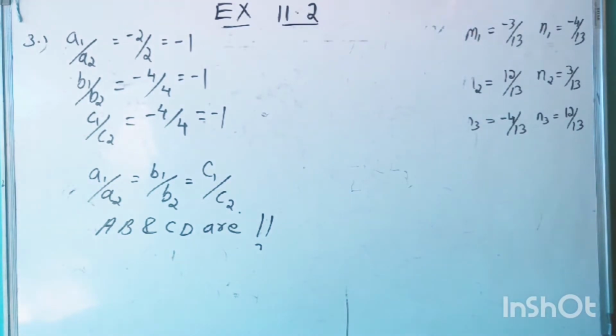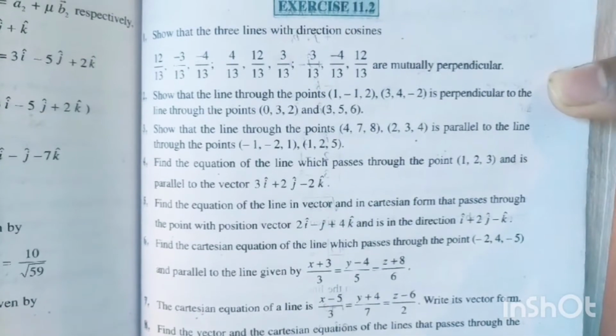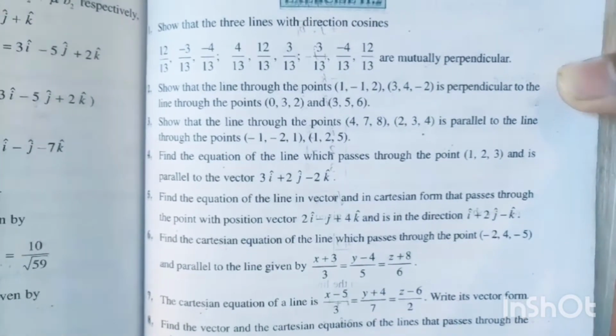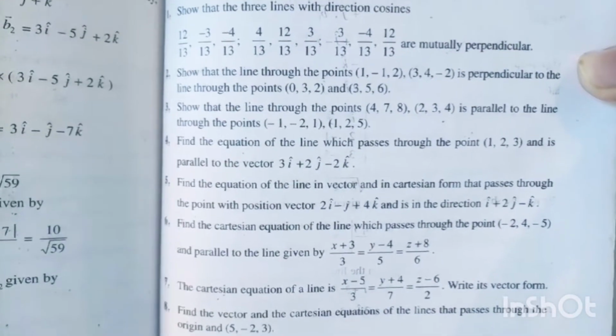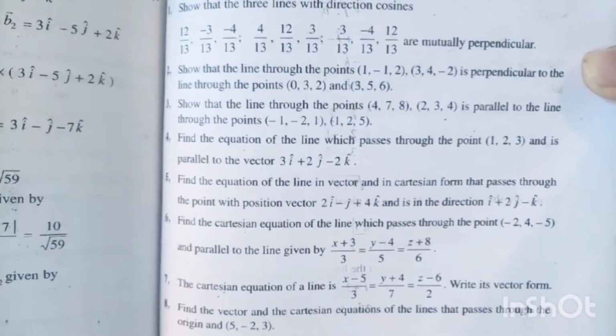Fourth question. Find the equation of the line which passes through the point (1, 2, 3) and is parallel to the vector 3i plus 2j minus 2k.